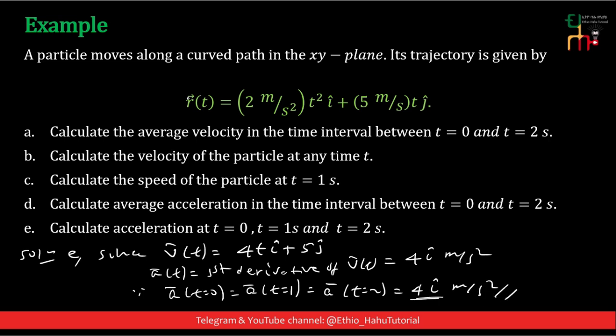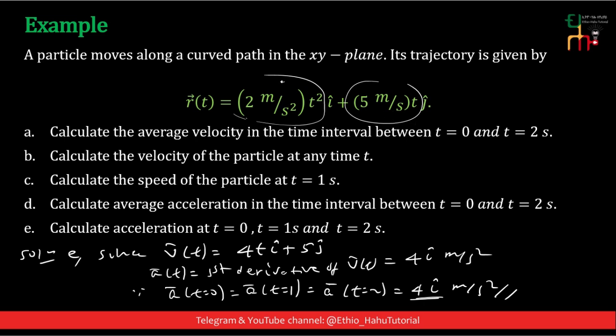In general, from this equation, one part has the x component, the other one is the y component. The x component of the position is a second degree polynomial, and the y component of the position is a first degree polynomial. If the position of a particle is a second degree polynomial, it has a constant acceleration. If the position of a particle is a first degree polynomial, it has no acceleration because it moves with constant velocity.